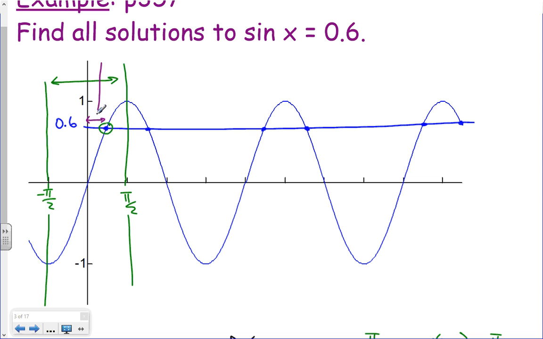It's telling me that x value right there. That's the distance I am from the y-axis. This is sine inverse of 0.6 actually. Tell me how far that is. Another way of looking at that is if I were to mark on my x-axis this point right here that I've got marked, that is the sine inverse of 0.6.